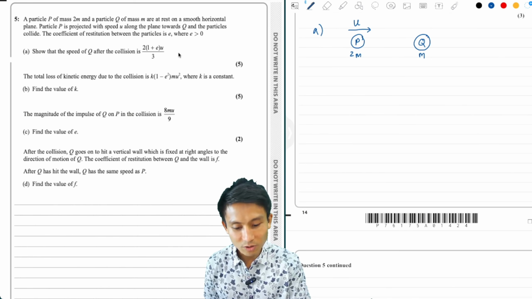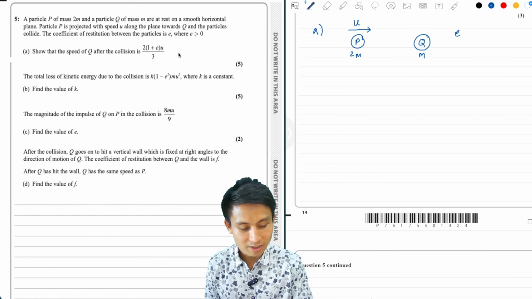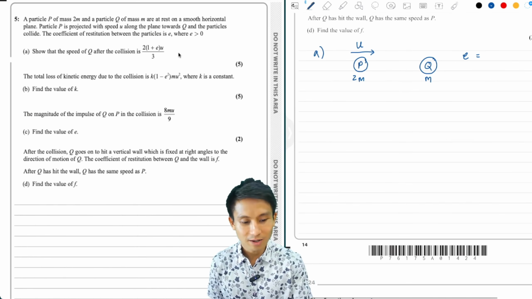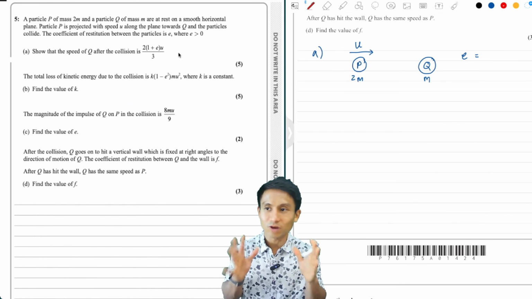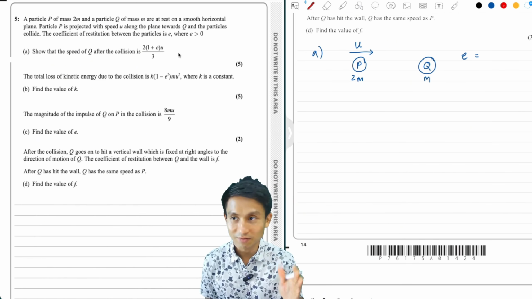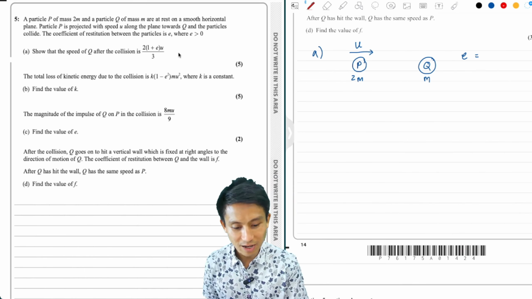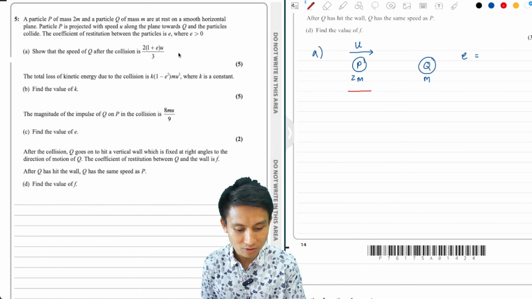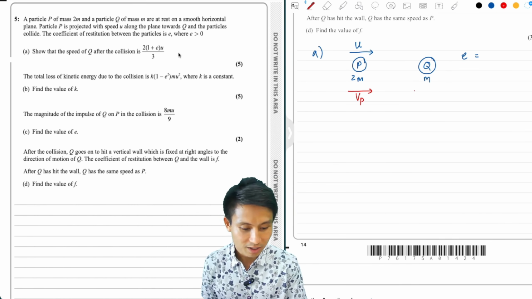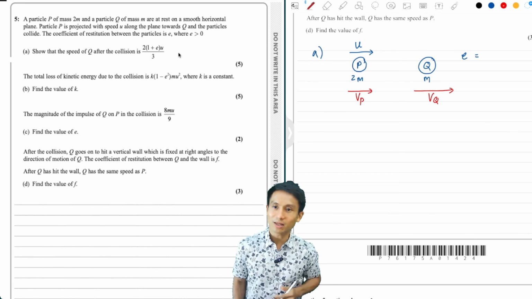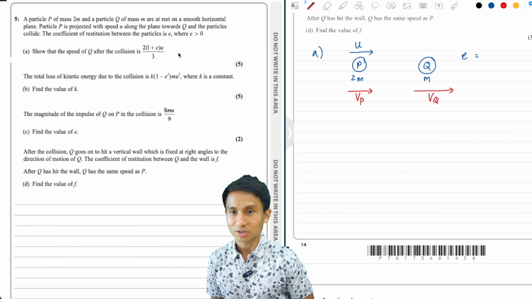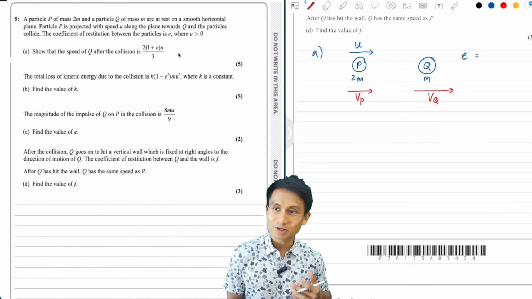So the coefficient of restitution, E. Okay, I'm going to color code red being the velocity after the collision, right? So the velocity after collision, let's say they both go to the right, and this is VP and this is VQ, because they don't tell you anything about after the collision, so we gotta make up something here first.